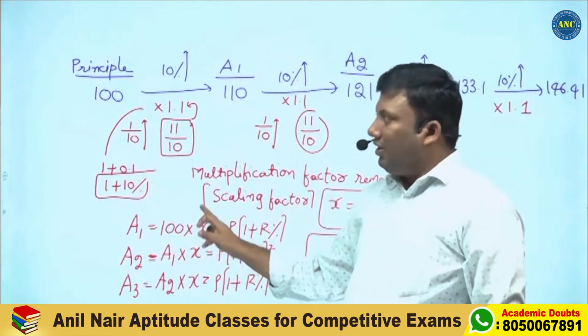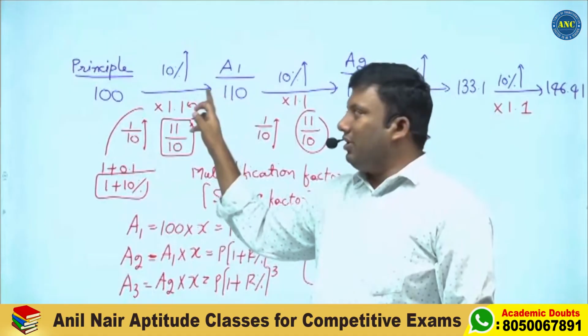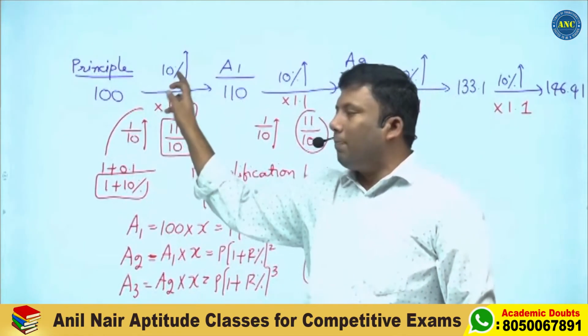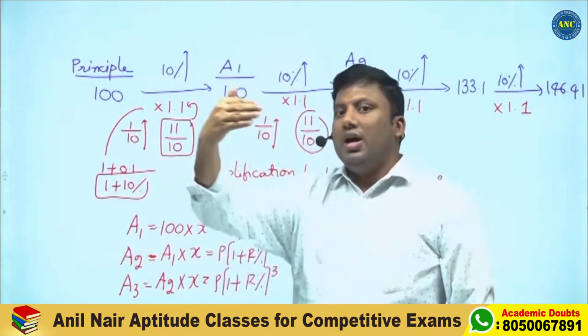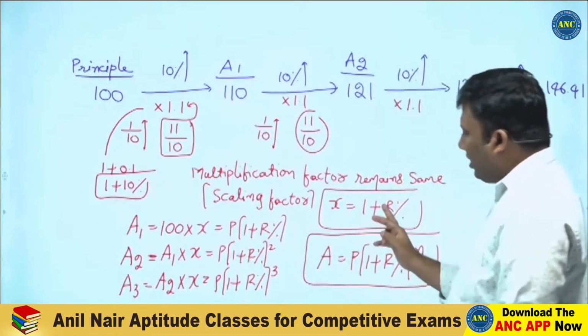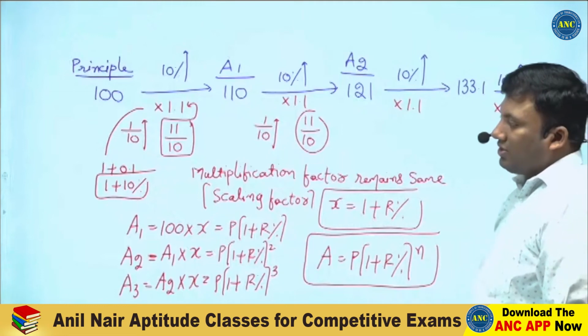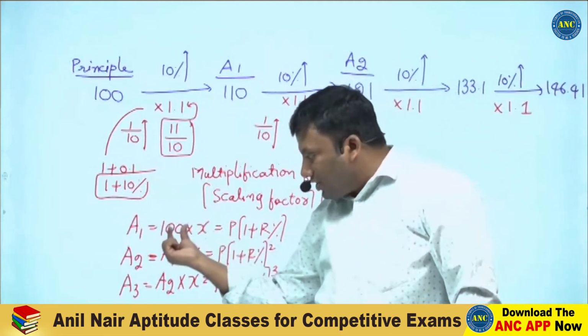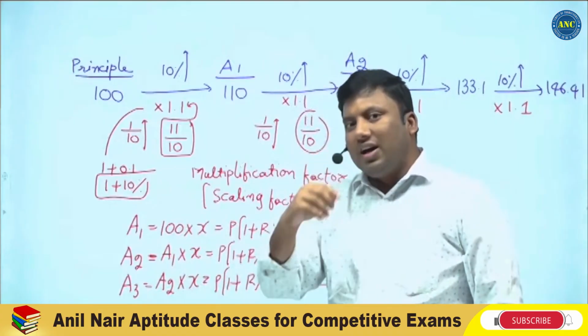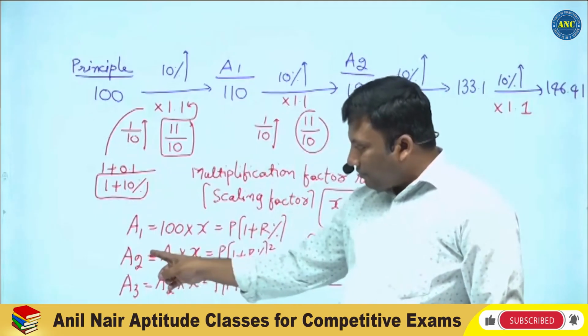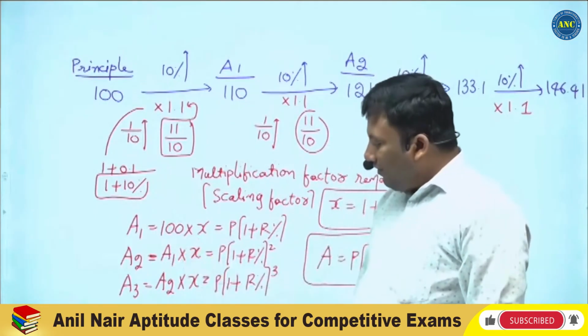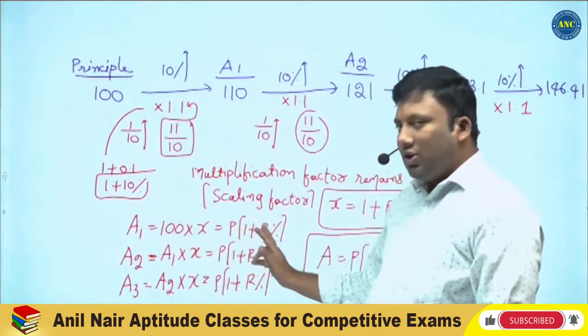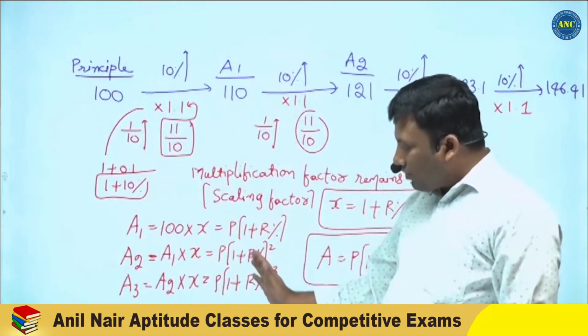Amount at the end of the first year: on 100, I applied 10% more. It is given by 1 plus R percent. The amount at the end of the first year becomes the principal, the input, for the second year. A2 is A1 into X. A1 is P into 1 plus R percent, and so on with the whole square and whole cube.